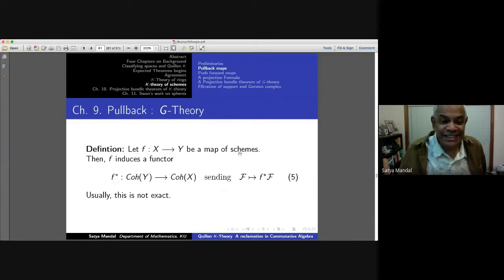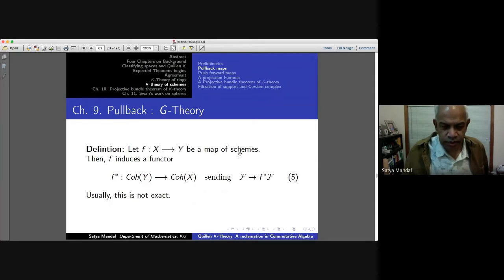Anyway, in this game, if you have a map, you want to define pullback and pushforward. In K-theory, we would like to do that. So if f is a map from X to Y, let f star be the pullback map, F going to f star F. This is locally defined by tensor product.